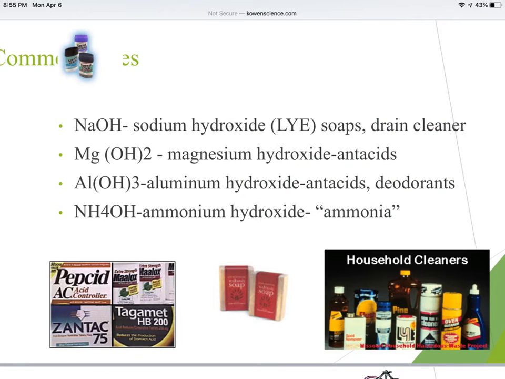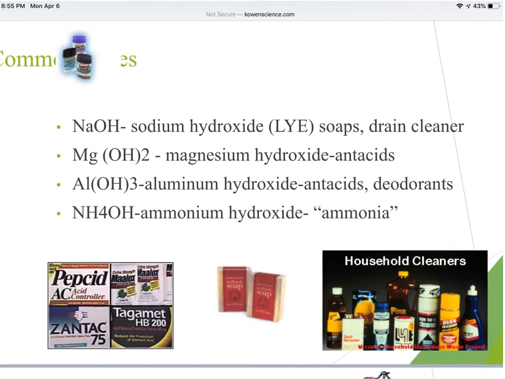So here are just some different examples of bases. Sodium hydroxide is lye soap. Again, you can tell it's a base because it has that OH. Magnesium hydroxide, Mg(OH)2, is used as an antacid.